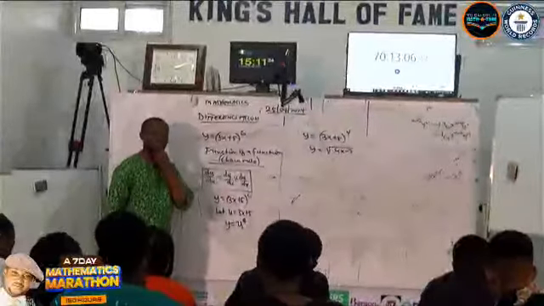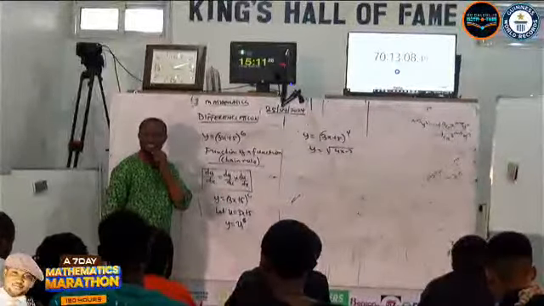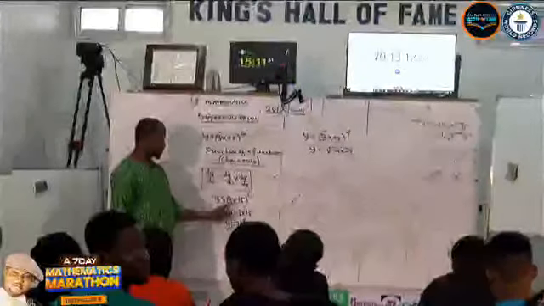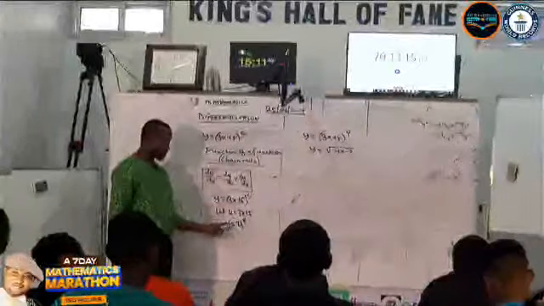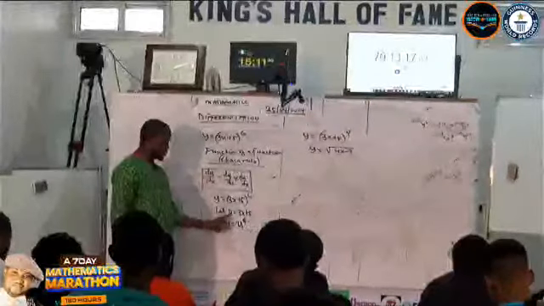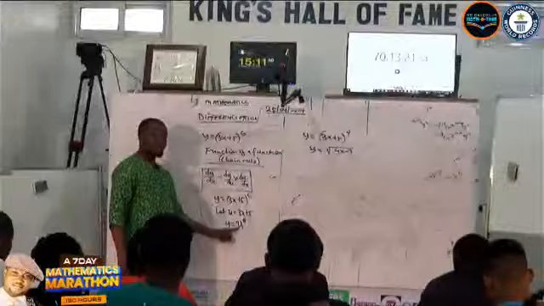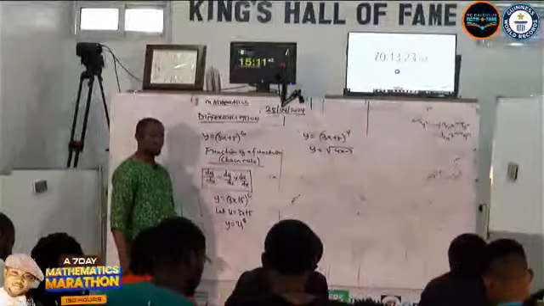So y equals u to the power of 6. Let u equal to that, so this place will turn to u. When it turns to u, this place will be u to the power of 6.